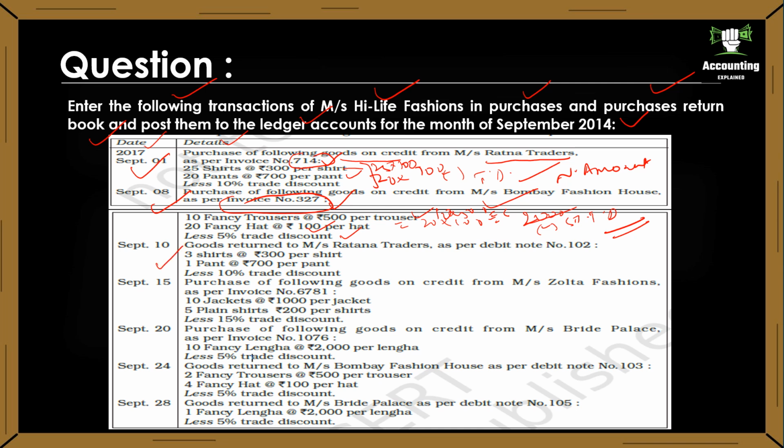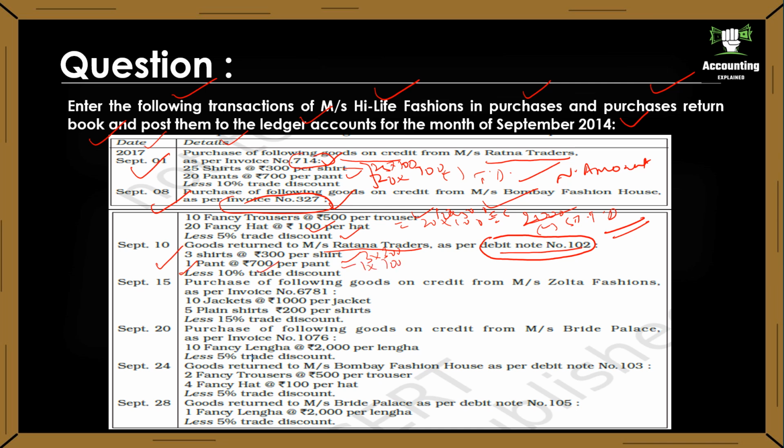On September 10, goods returned to Messrs. Ratna Traders as per debit note number 102, 3 shirts at 300 per unit. So this debit note number 102 is our source document for the purchases return book, and 3 into 300 amount should be taken to the purchases return journal book. 1 pant at 700 per pant, so 1 into 700 should be taken.